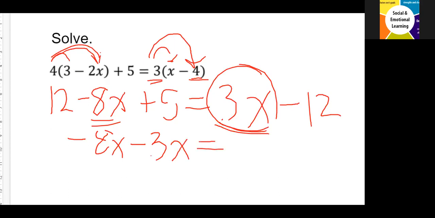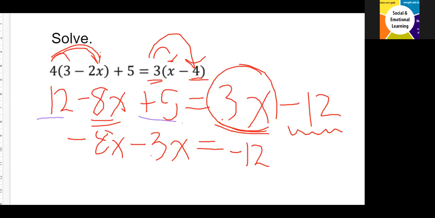Yeah? Okay, and now deal with the constants, okay? So on the left side, there's negative 12, and on the other side, there's 12 and 5. See these, the number 12 and this positive 5, everyone? 12 plus 5, what is that anyhow? 17, right?